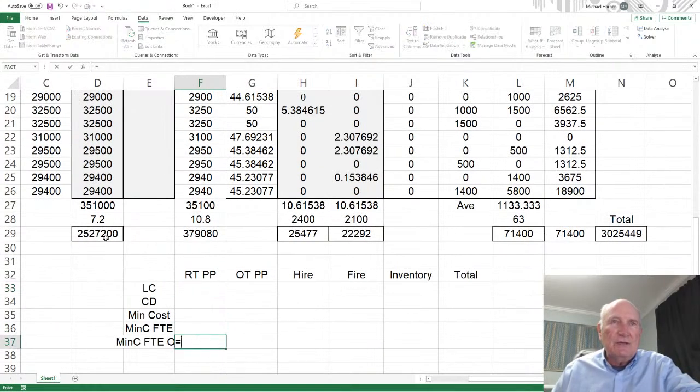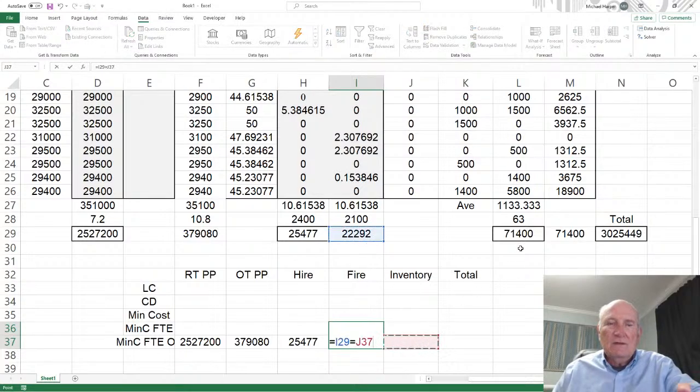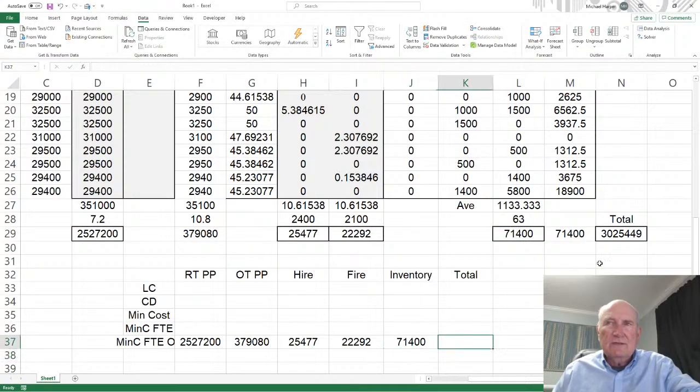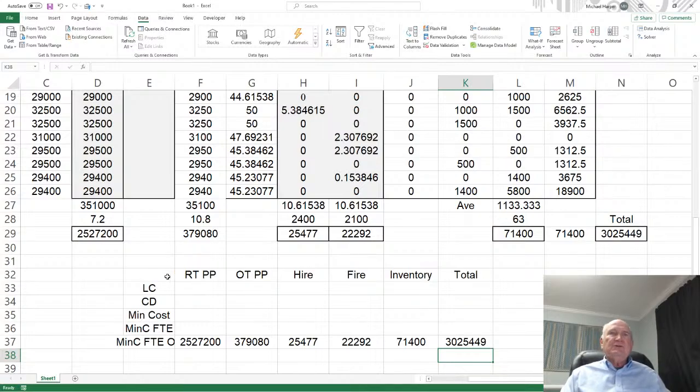So this one equals this one, equals this, equals this, equals this, equals this. So you can do that for each one of these. And then there's your table.